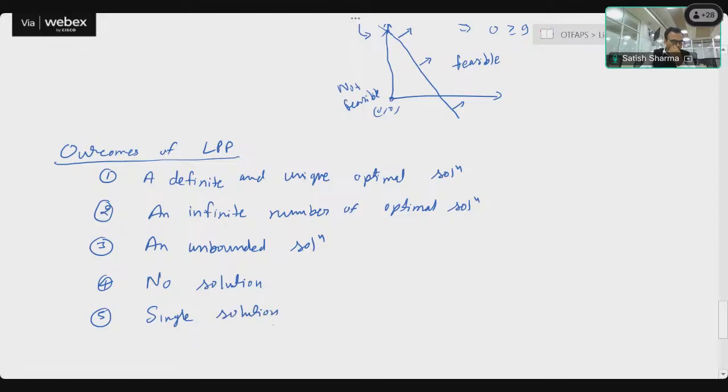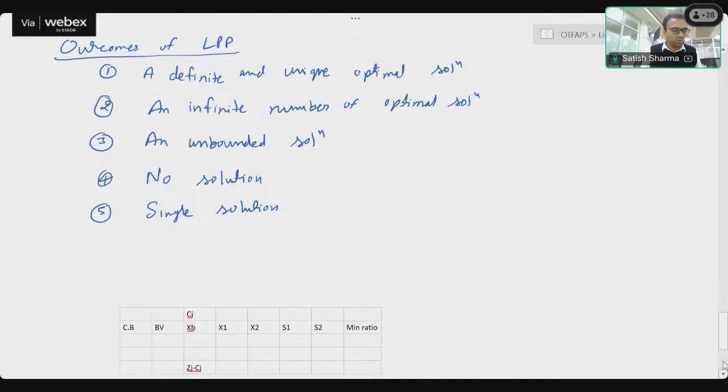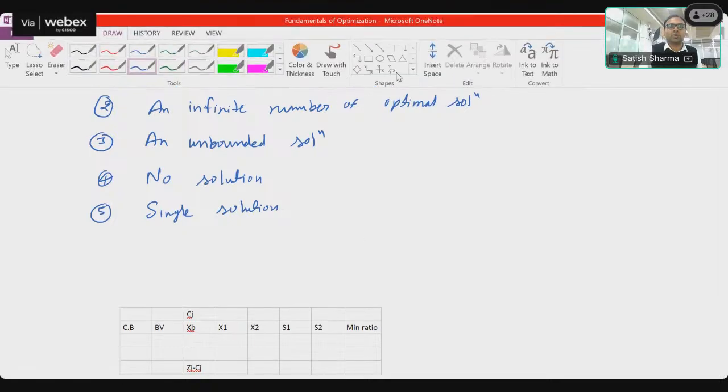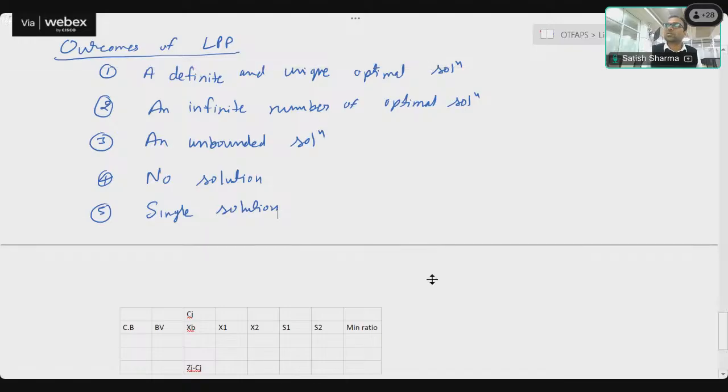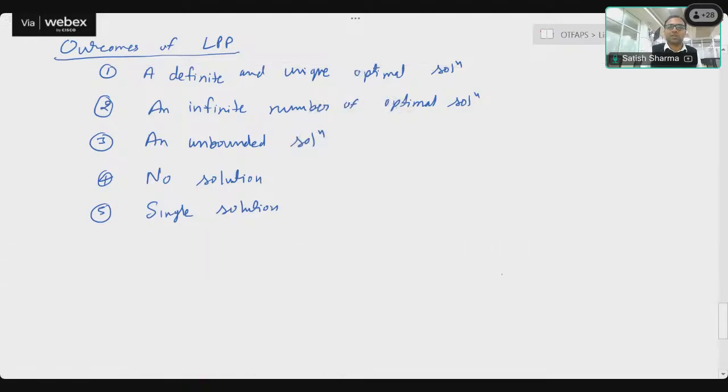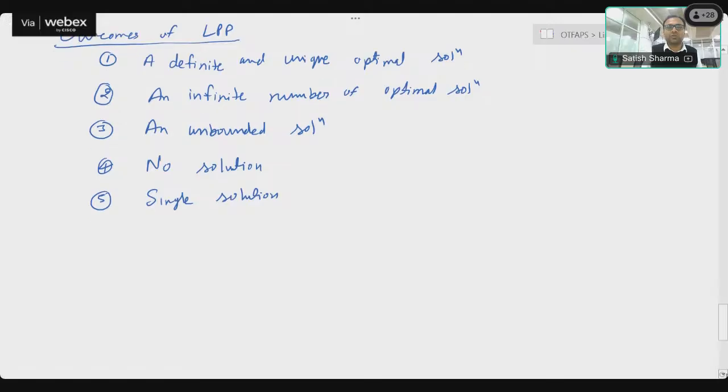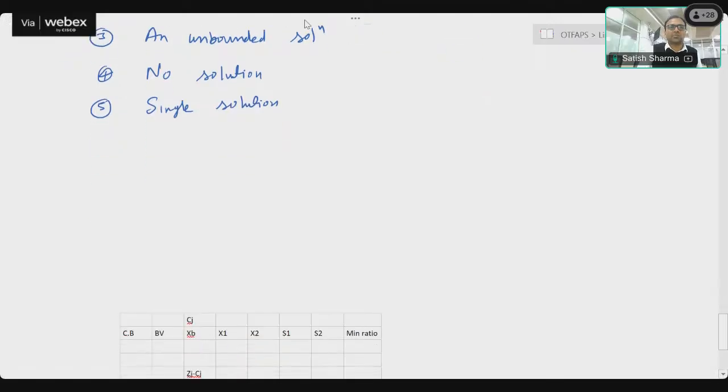So how are unbounded solutions, no solution or single solution possible? I will just draw certain solution spaces, and with the conditions equal to, less than and greater than, you can easily formulate those conditions.